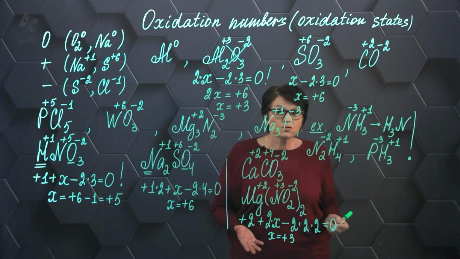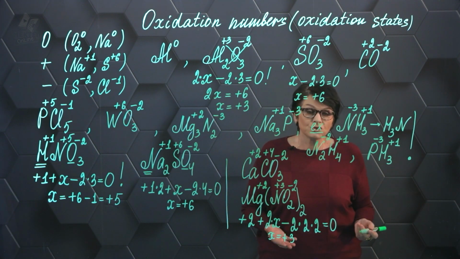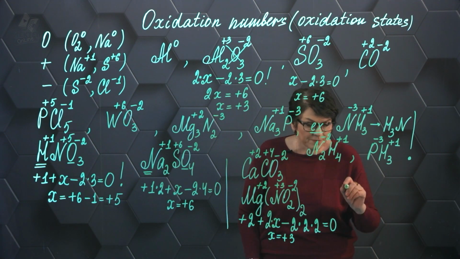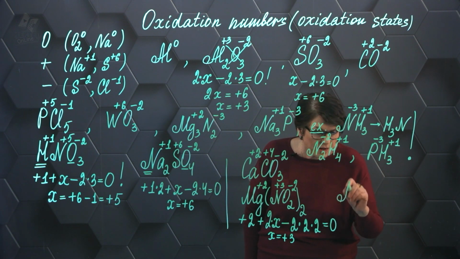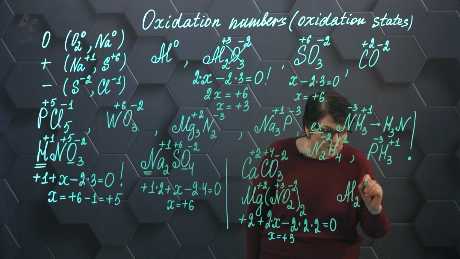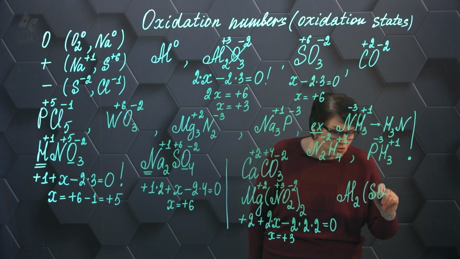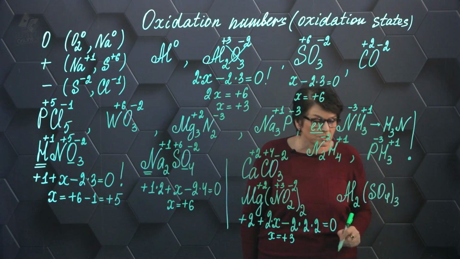Again, you're doing these calculations. Of course, I'd like you to learn how to do them quickly. So another example, aluminum sulfate, Al2(SO4)3.